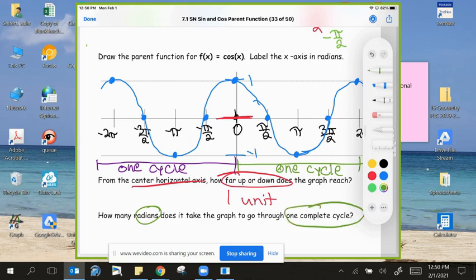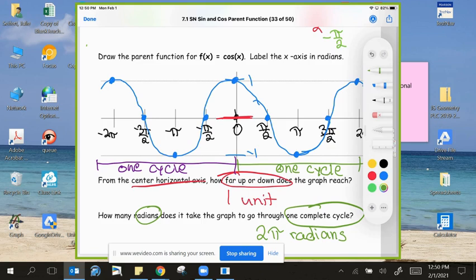A couple of you've got it. If you think you know it, put it in the chat. Good. It's 2 pi radians. So the graph of cosine also takes 2 pi radians to complete a cycle.